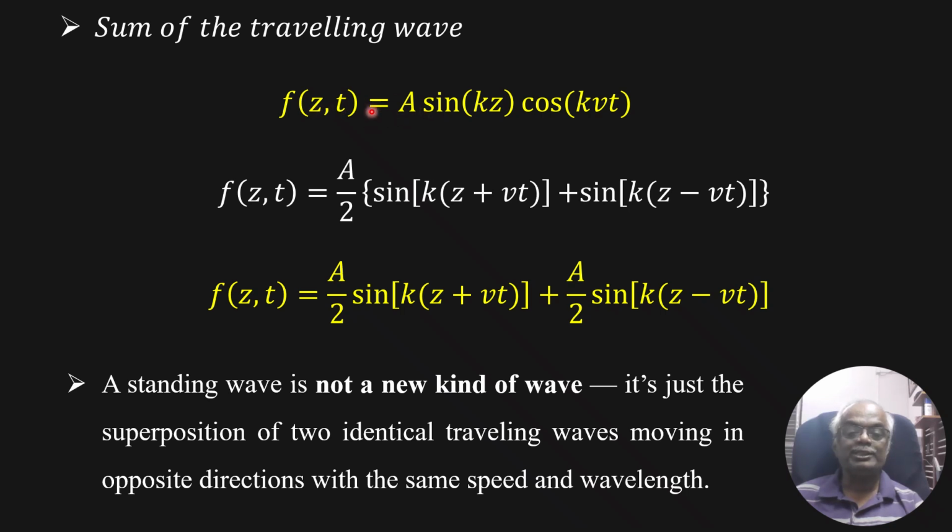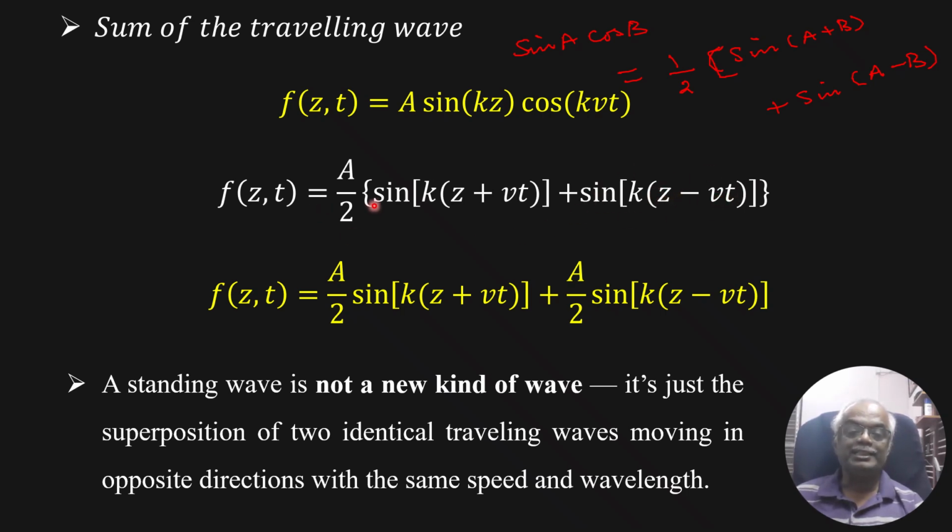We know this wave function is a standing wave, f(z,t) = A sin(kz) cos(kvt). We use the trigonometric identity sin a cos b = (1/2)[sin(a+b) + sin(a−b)]. So here you have A/2 times sin(kz + kvt) plus sin(kz − kvt), with k as a common factor.